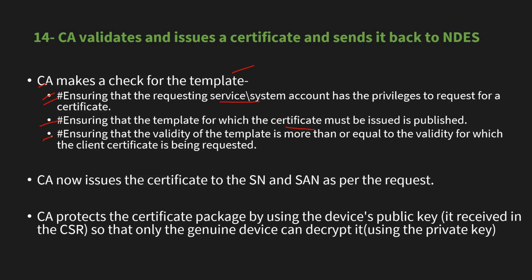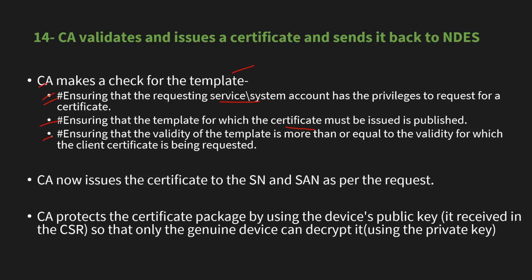Then in that case everything is going to fail, right? Because I am requesting a certificate of a validity of 6 months from a template which can only issue certificates of a validity of 3 months. So I cannot request a certificate of a validity more than what the template is capable of. I can request less than that, but not more.